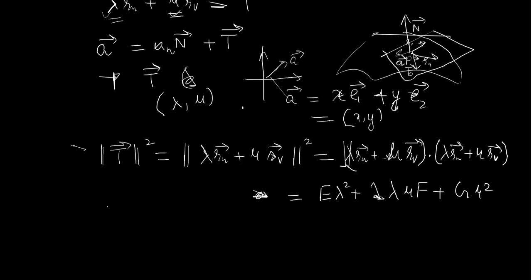Oh, sorry, there is a problem, I don't know what has happened to it. So this is what it would be. I hope you can see it, but it's just an easy calculation. Okay, that was the norm of T.